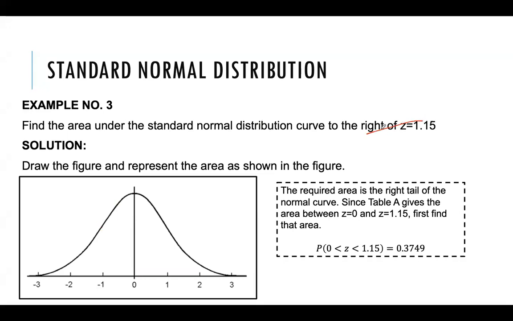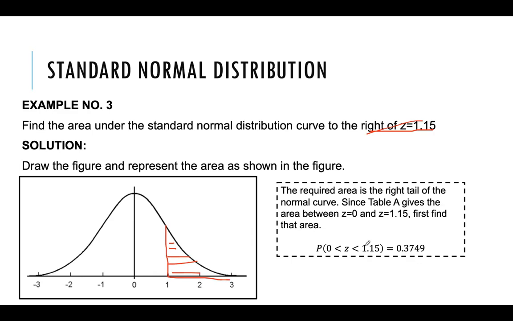So the next example is to find the area under the standard normal distribution curve to the right of the z value of 1.15. So this is the z value 1.15, and to the right, it is this area. The required area is the right tail of the normal curve.